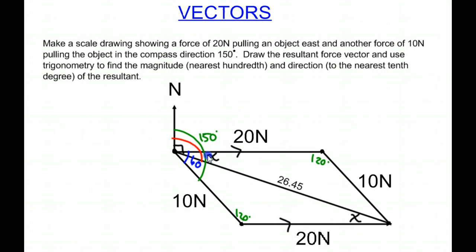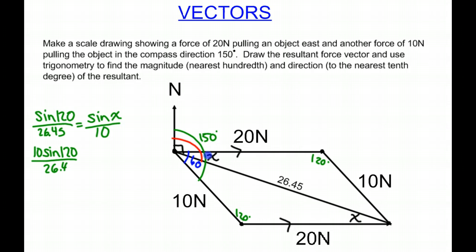And all we're going to do is sine 120 divided by 26.45, and that's going to equal sine of the unknown divided by 10. So we multiply 10 sine 120 divided by 26.45. That's going to equal our sine x.